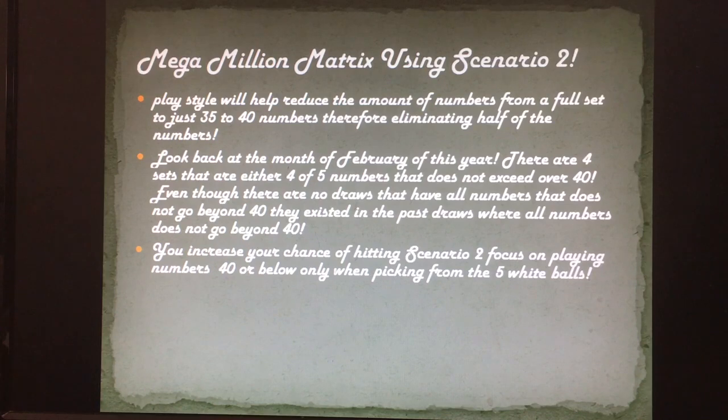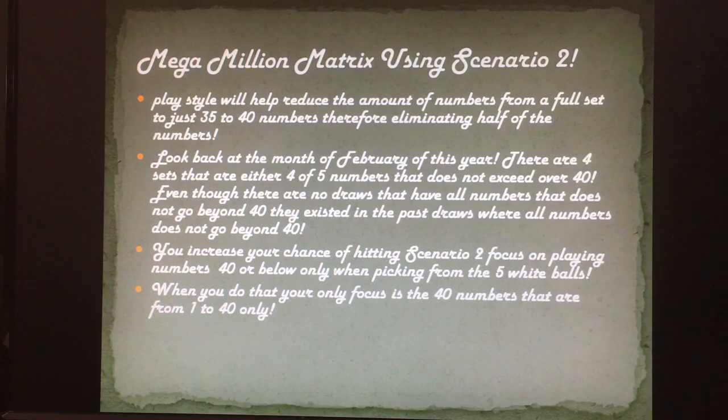We'll focus on playing numbers from 40 or below, only when picking from 5 white balls. When you do that, your only focus is the numbers from 1 to 40 only. You do not focus on the upper numbers. You focus on the numbers that are below 40, because numbers in the upper tiers from 31 to 69 or 70 are usually not in the range to hit, because most numbers are hit from 1 to 40.